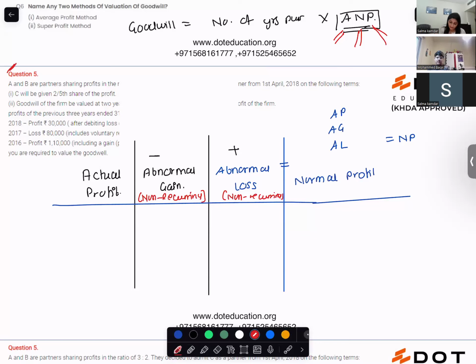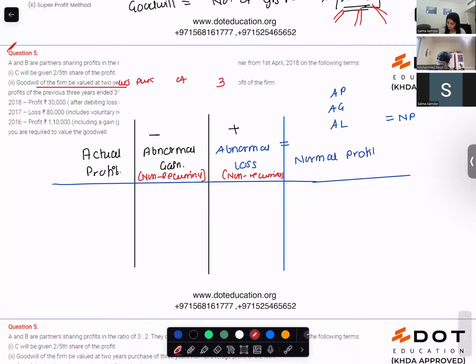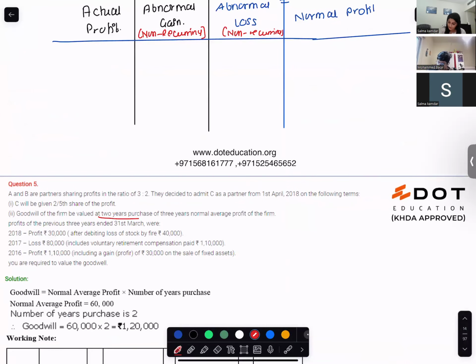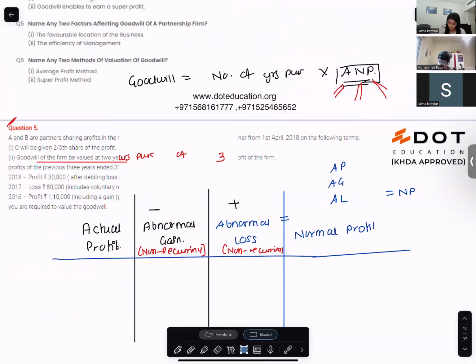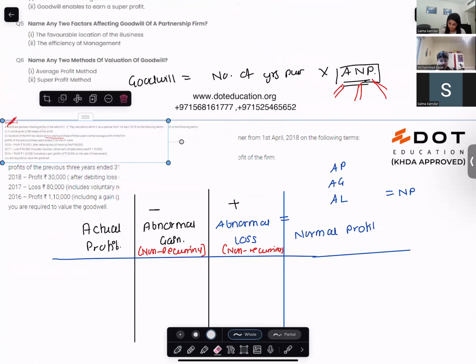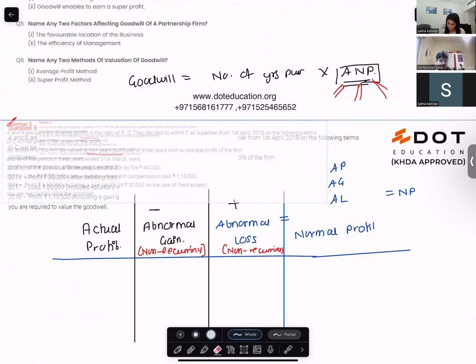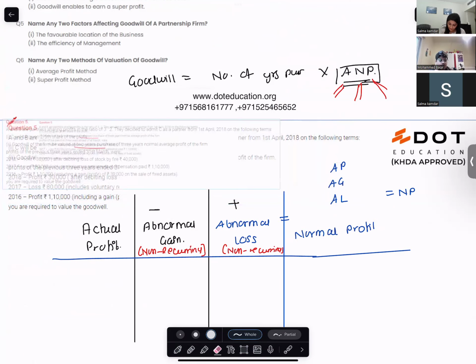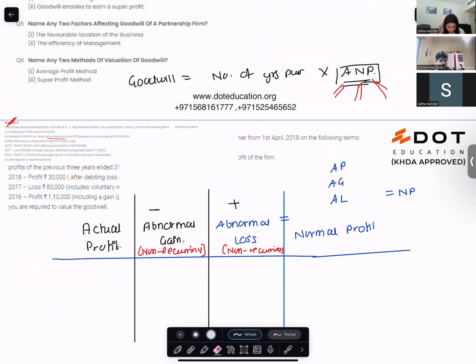Goodwill is valued at 2 years purchase of 3 years normal profit of the firm.